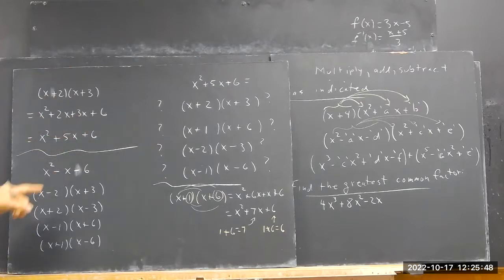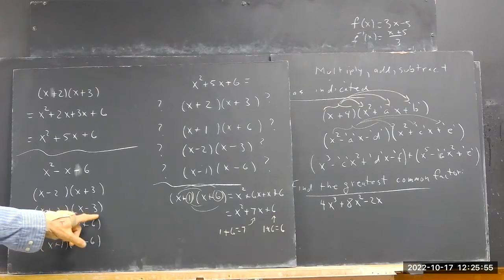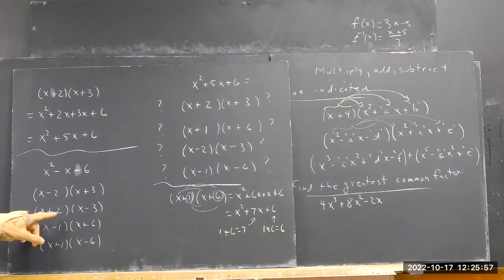Well, it's the one where the two numbers add up to -1. It's this one, because you're going to get a -3x and a plus 2x, and that gives you a -x.